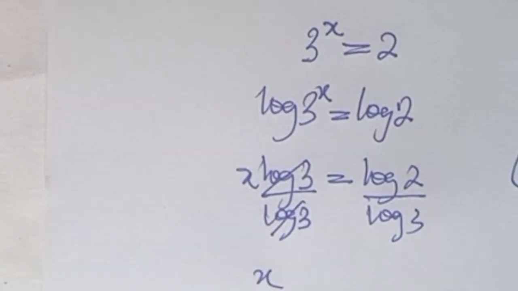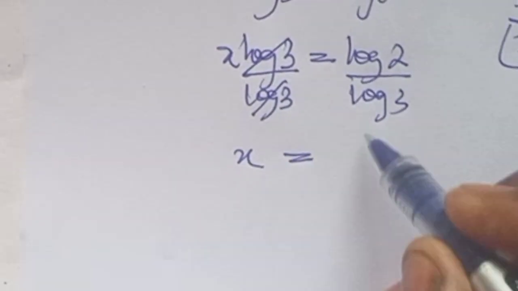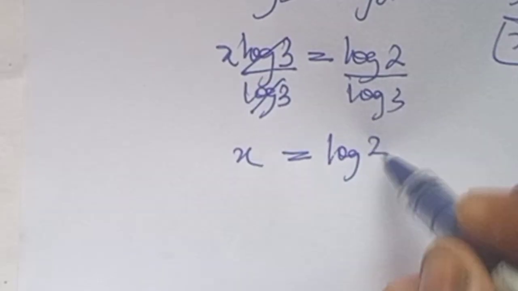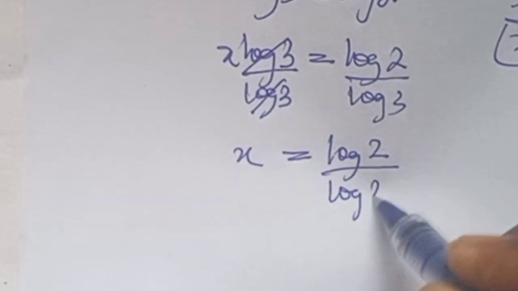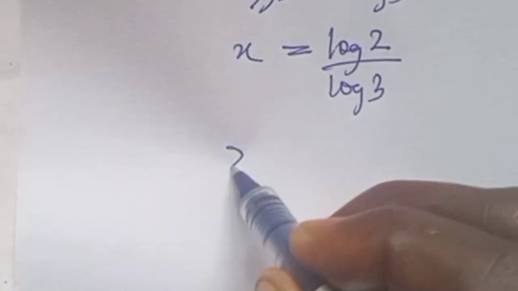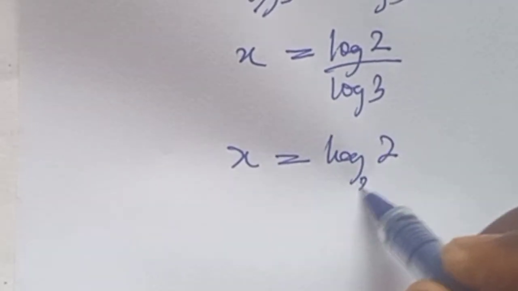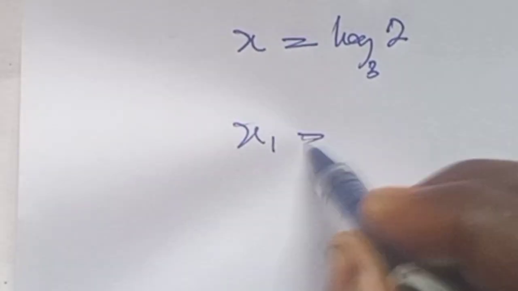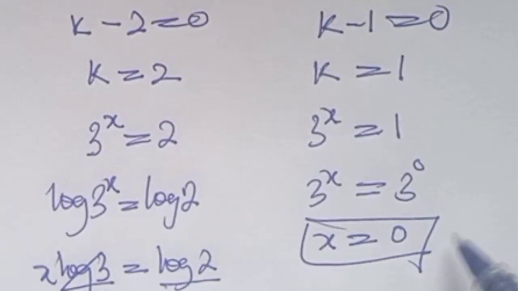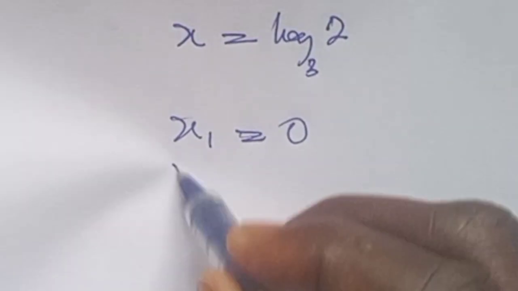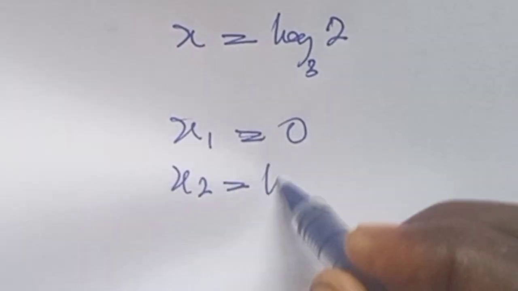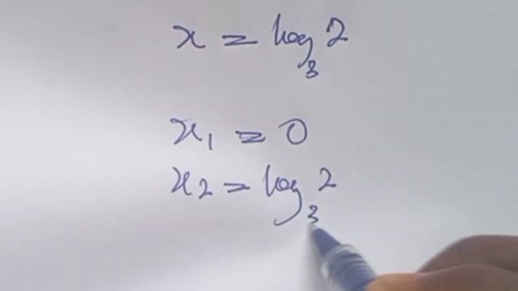What's left is x equals log 2 over log 3, and can be written as x equals log 2 base 3. So that x1 is equal to 0 and x2 is equal to log 2 base 3.